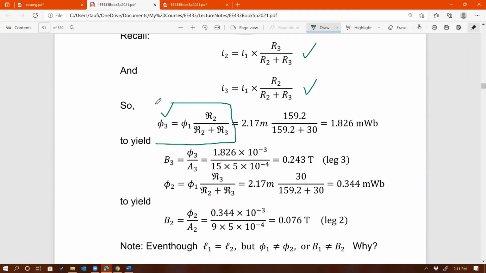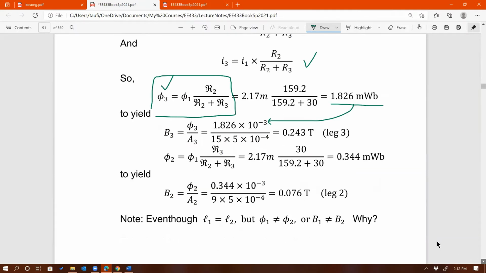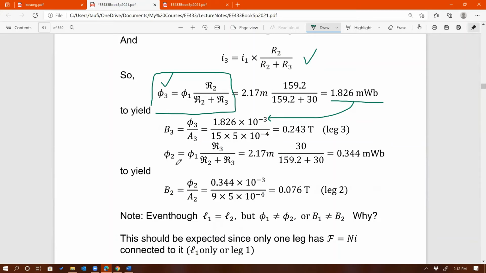And then I get 1.826 milliweber for the flux. You can see the flux density is just going to be that flux divided by the area of the center, because 3 is on the center. And then same thing for the second flux, flux number 2, which is on the right side.